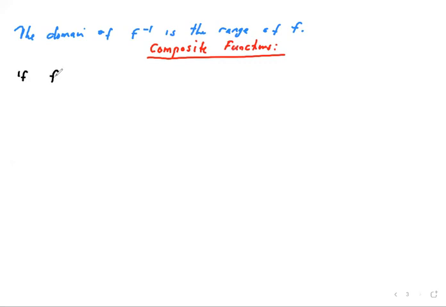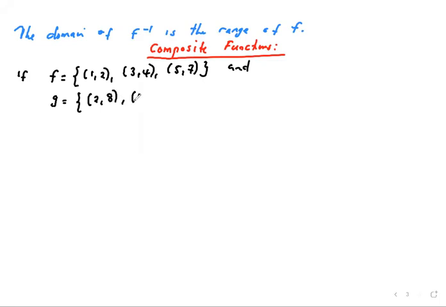If f is 1, 2, 3, 4, 5, 7, and g is 2, 8, 4, 9, 7, 10. Let's say one, find g of f.